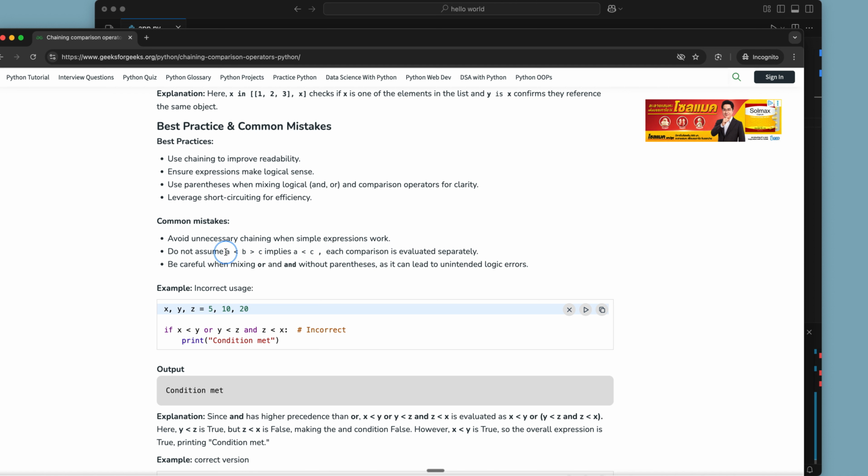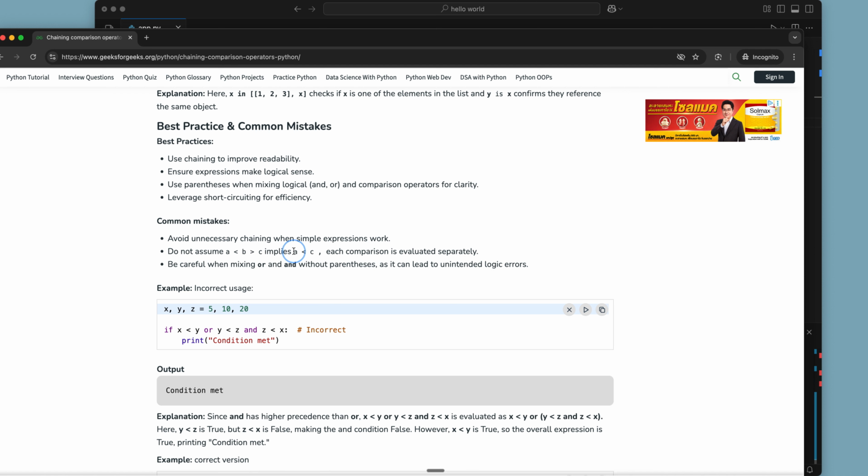Yeah, because let's say if A is 2 and B is 3, then this would be true because 2 is less than 3. Then if C would be 1, then this would also be true because 3 would be greater than 1.